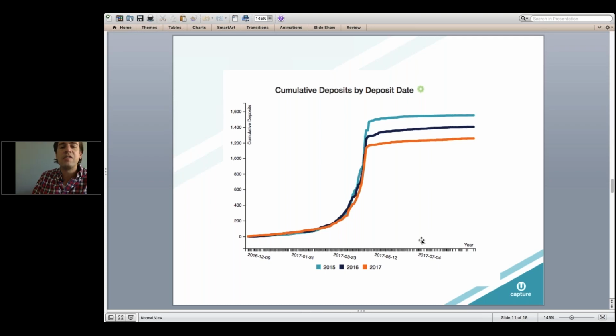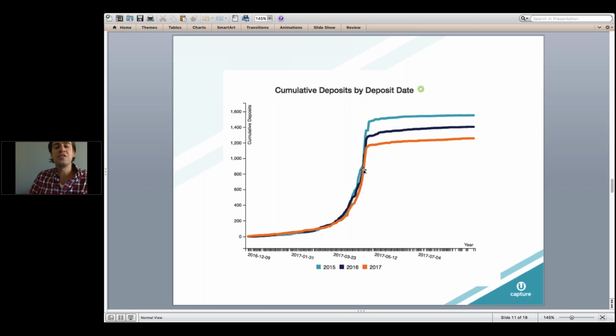So this gives you an idea of how you stack up compared to other years. At this point in time, how many deposits do you have compared to other years? Giving you that idea of how you stack up against previous years, whether you're ahead, behind, whether you're in good shape or you need to adjust and make some changes.